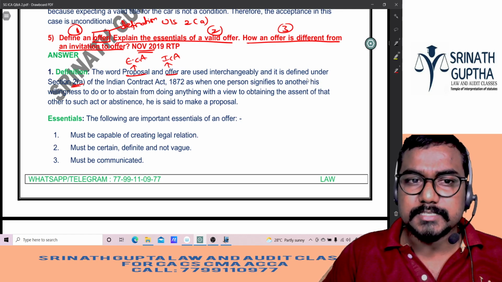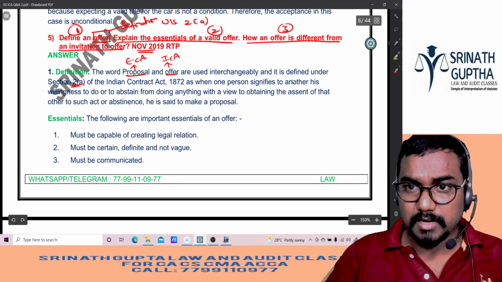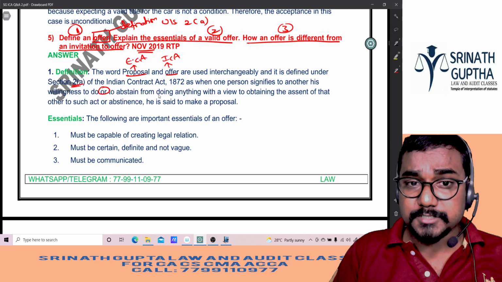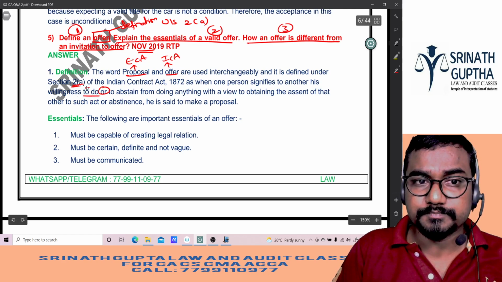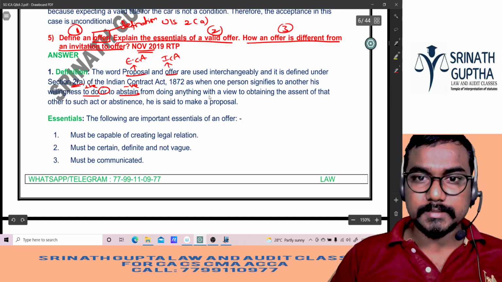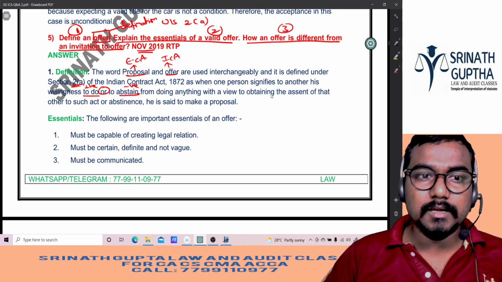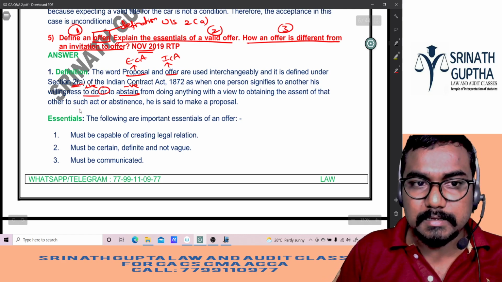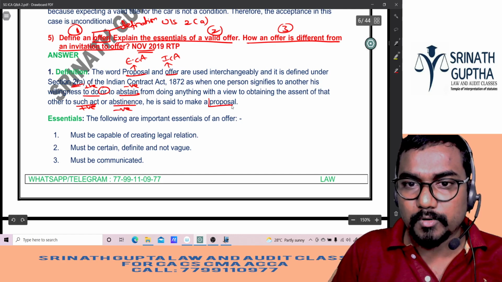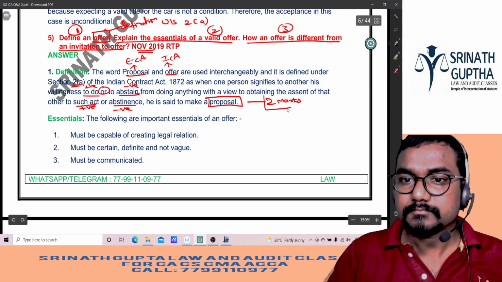And it is defined in section 2a of the Indian Contract Act as: when some person signifies to another his willingness to do or abstain from doing, to do means positive, abstain from doing means negative, to do or abstain from doing anything with a view to obtain the consent of that another to such act or abstinence, he is said to have made a proposal or the offer. Definition, you will get the 2 marks if you write the definition.